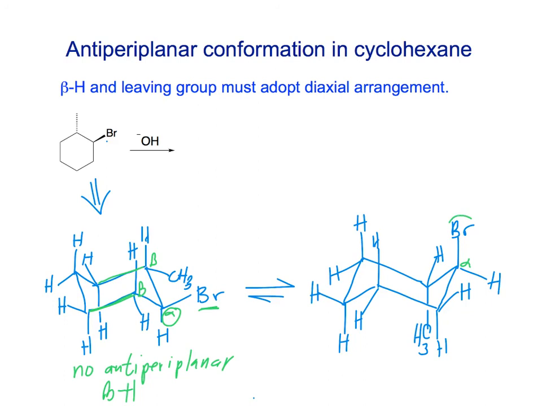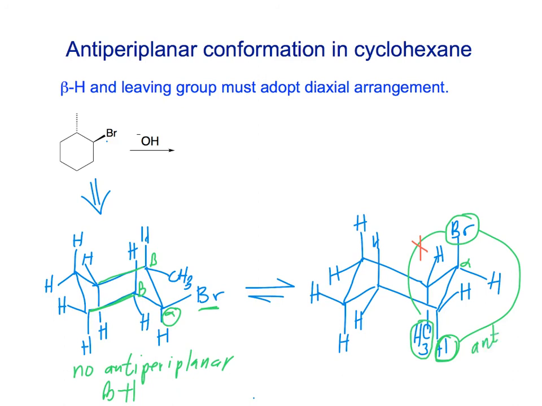All right, so here's our bromine, and let's look at what groups are anti-periplanar to it. On the side of the methyl group, the actual methyl group here is anti-periplanar, not the hydrogen. And so it cannot eliminate to this side. However, if we go around the other way, we see that this hydrogen is anti to the leaving group.